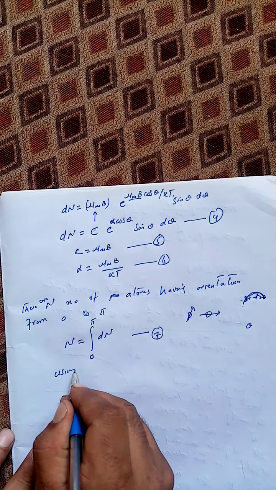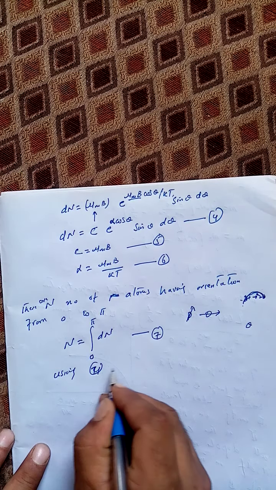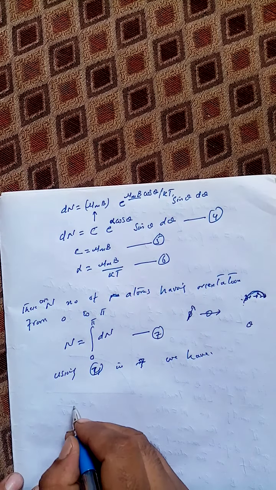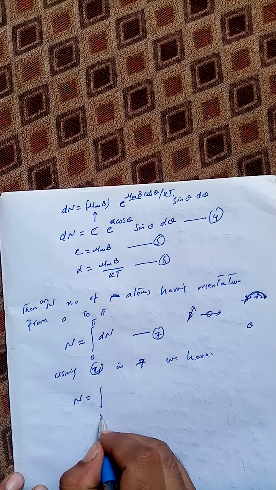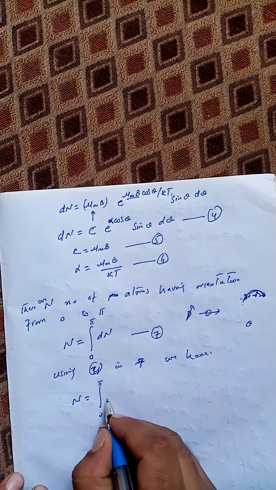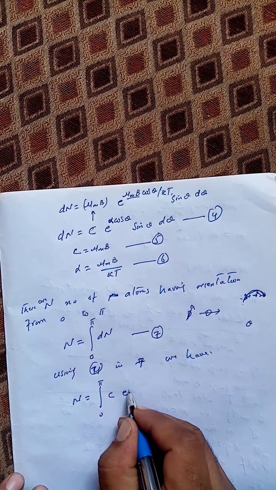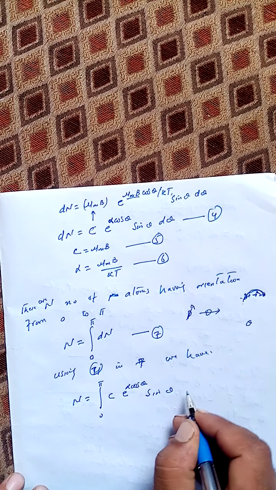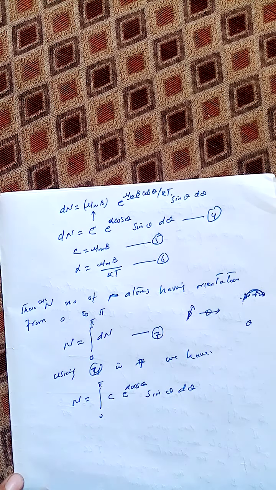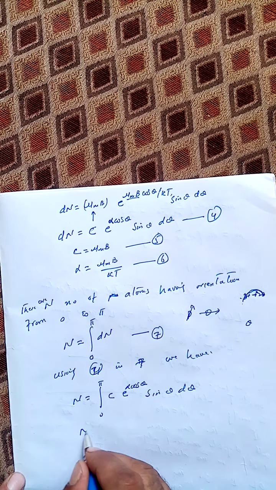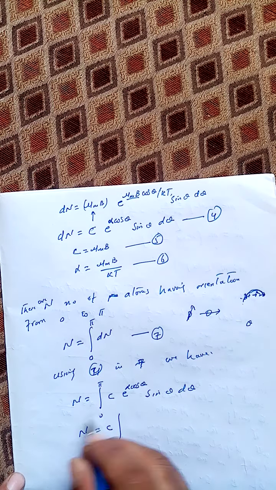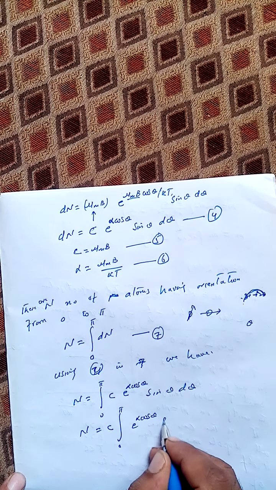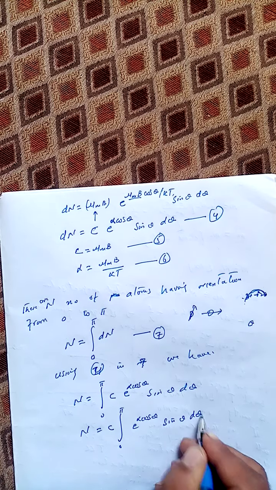Using 4 and 7, we have N equals integral from 0 to pi of C e raised to the power alpha cos theta sine theta d theta. Here, to solve this integral, C is a constant, so we can keep it outside of the integral from 0 to pi of e raised to the power alpha cos theta sine theta d theta.